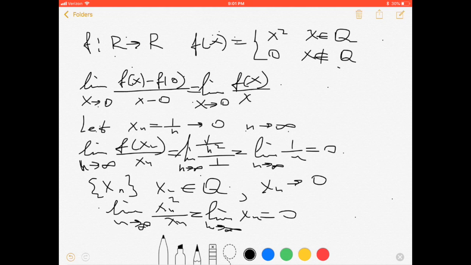This raises the question: what happens if we build our sequence from irrational numbers?